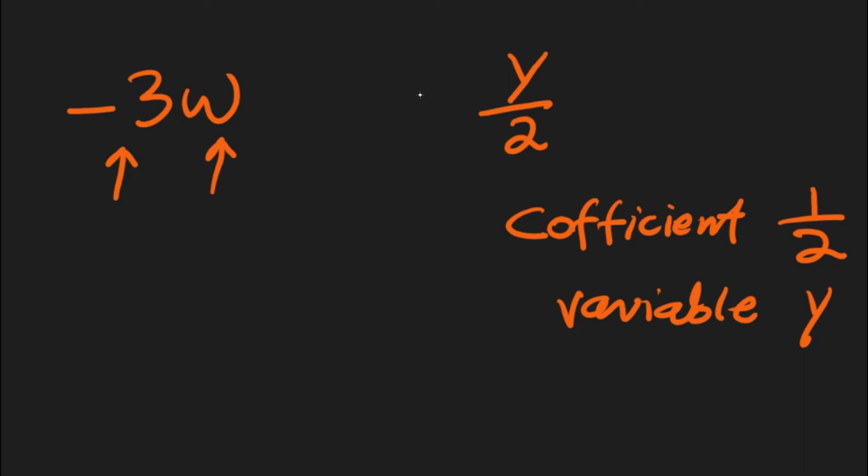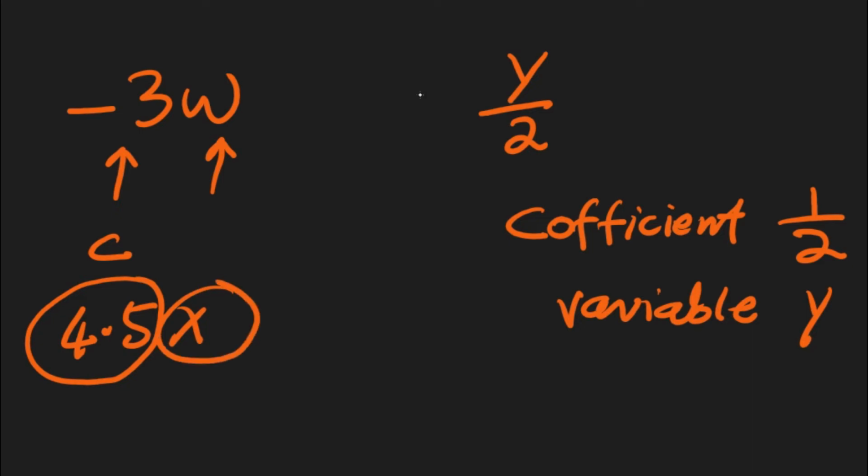Now let's give one more. For example, we have 4.5x. Is this an algebraic term? The answer is yes, because this number 4.5 is the coefficient and this symbol X is the variable.